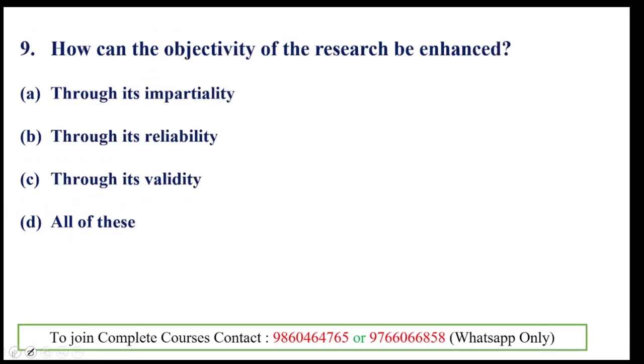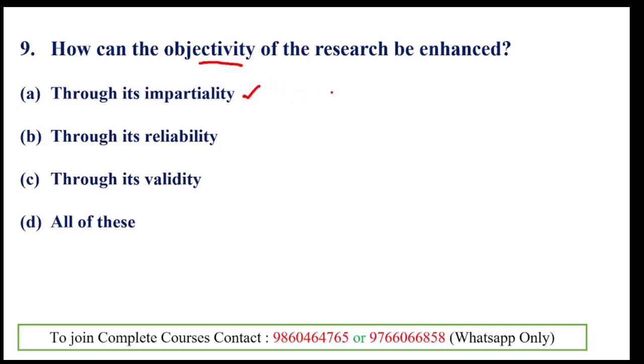And next one, how can the objectivity of research be enhanced? Here, the same objectivity. So for improvement of the objectivity of a research, there must be impartiality. All the features or characteristics and data collected for a particular research must be collected in an impartial way.